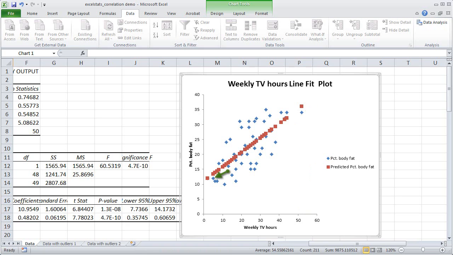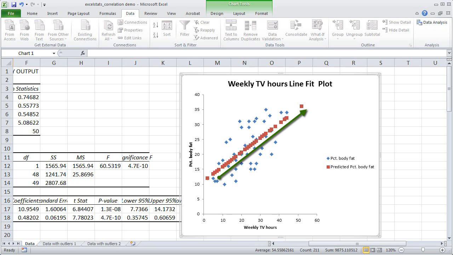This person here is kind of at the opposite end of the spectrum. This is a person who watched somewhere between 0 and 10 hours of television a week, probably about 5, and had somewhere between 10 and 15% body fat, looks like maybe about 12%. And everybody else, notice, is kind of arranged somewhere in between. So each of the blue dots is a given person.